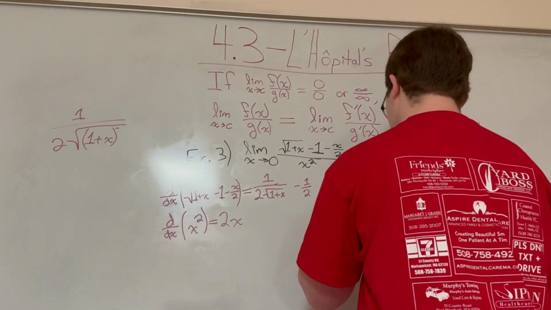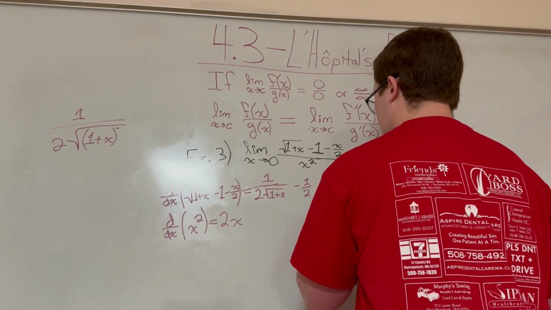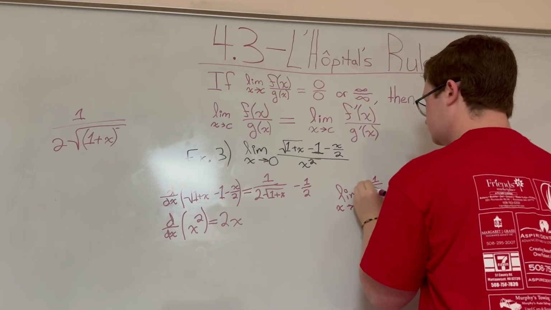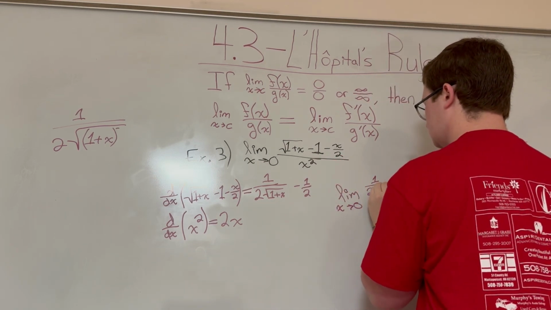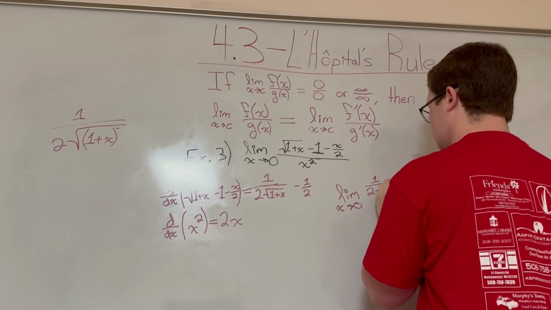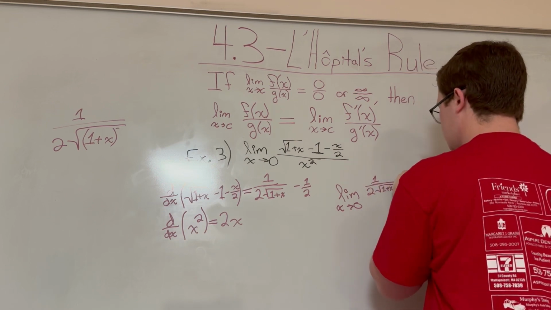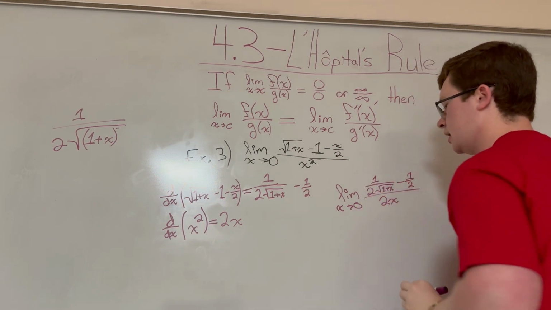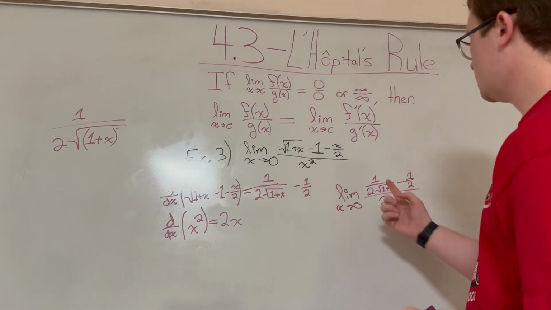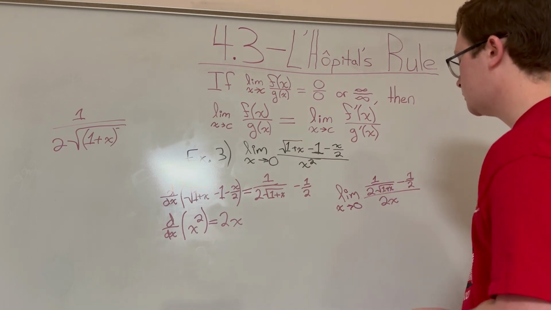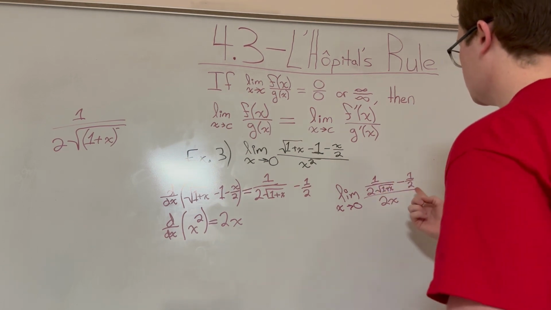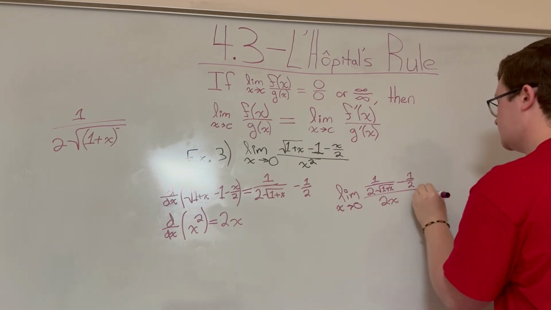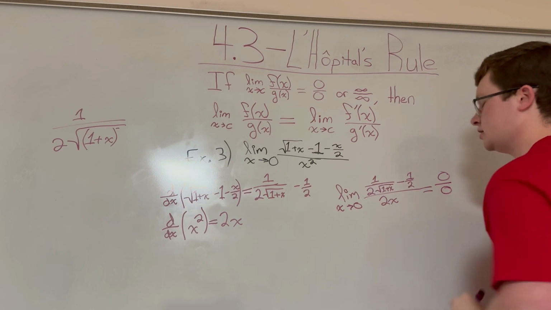We get the limit as x approaches 0 of numerator over denominator. And then we want to plug in for that 0 value. We get 1 over 2 times the square root of 1, which is 1, minus 1/2, over 2x, or 2 times 0. So that again is going to give us 0 over 0.